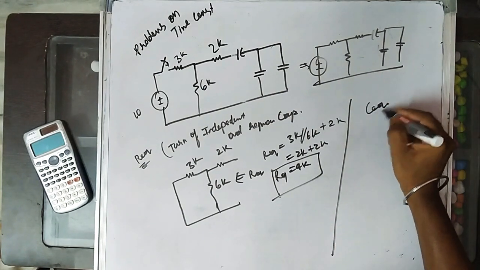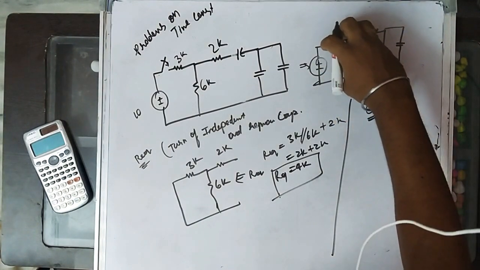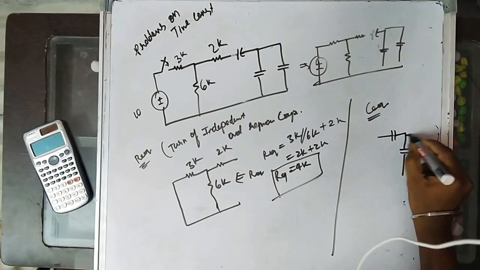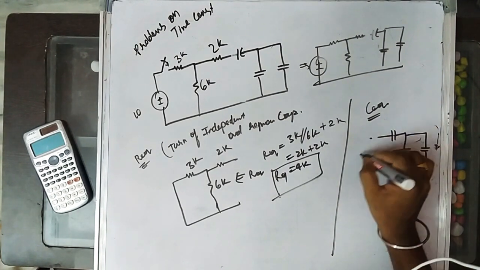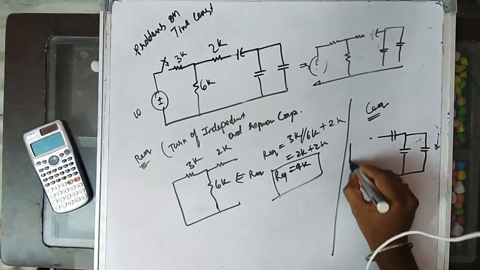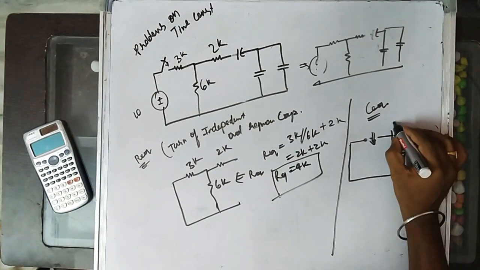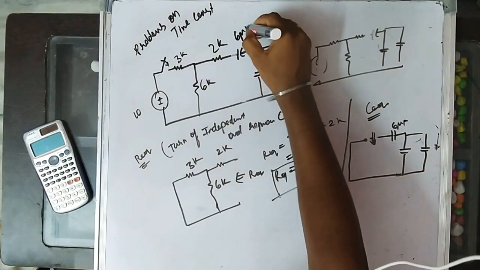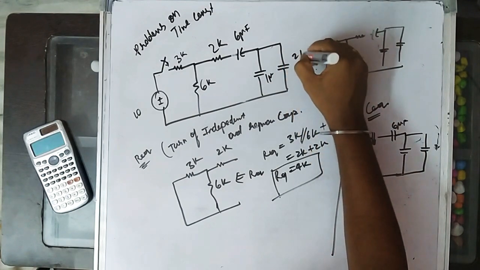Now for C equivalent, in the same circuit we remove the resistors. Even though this source is shorted, that is not a problem here. So this is 6 microfarad, this is 1 microfarad, this is 2 microfarad.